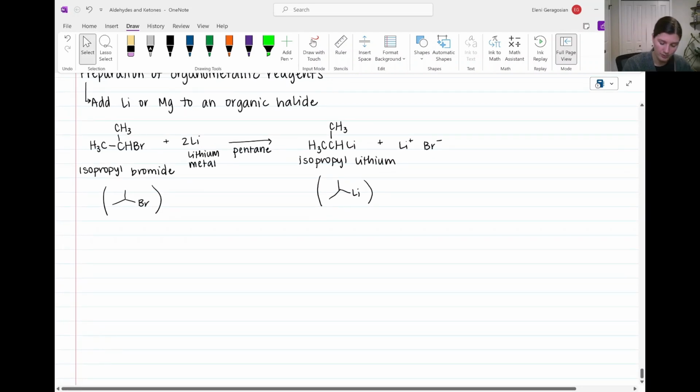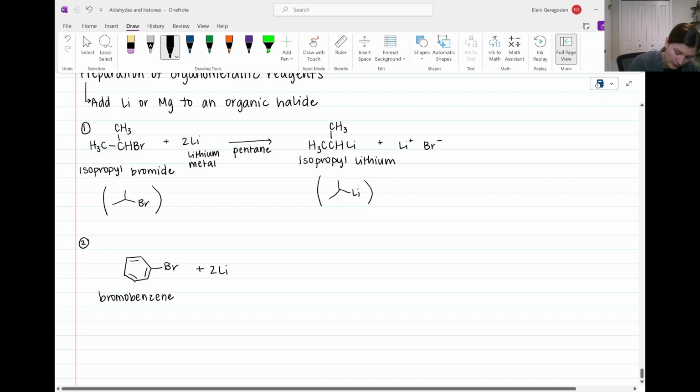We'll do another example. So here, example 1, example 2. Bromobenzene. Again, with lithium metal. This preparation can be done in diethyl ether, and we would then form phenyllithium.